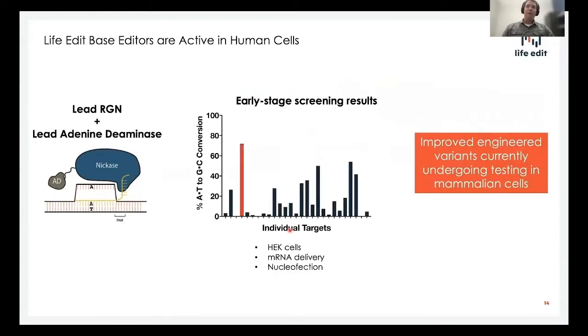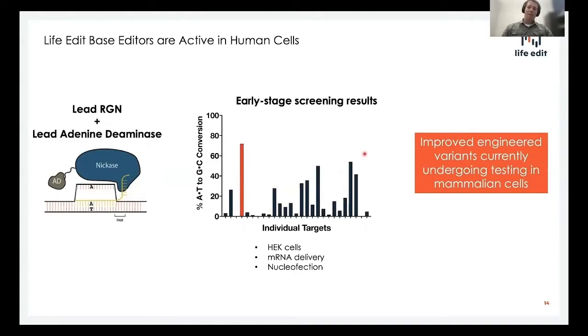Now, Life Edit base editors have been shown to be active in human cells. For instance, we took our lead RNA-guided nuclease and tethered it to our first generation adenine deaminase. And we put that in HEK cells along with guides that targeted several different locations in the genome. As you can see, we got pretty reasonable A to G conversion rates across several different loci.